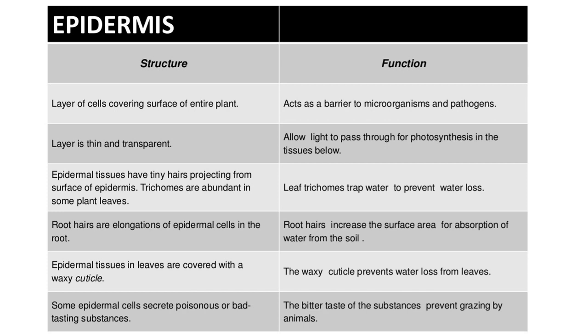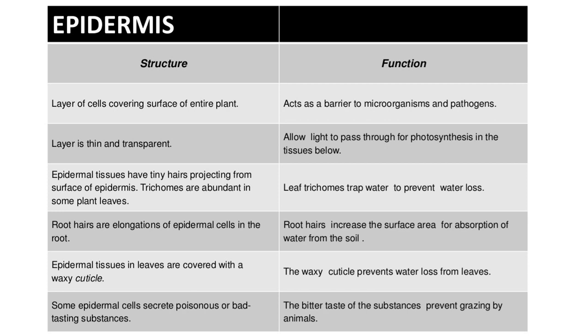Then this layer is thin and transparent, so it allows light to pass through for photosynthesis in the tissues present below. Similarly, epidermal tissue has tiny hair-like structures projecting from its surface. They are called trichomes and they are specially found in the plant leaves. These help to trap water to prevent water loss. So these hair-like structures prevent the loss of water.